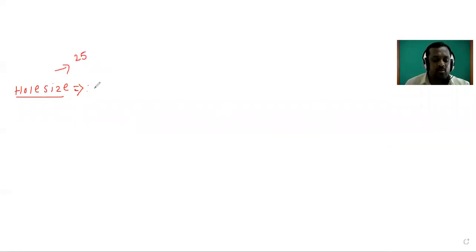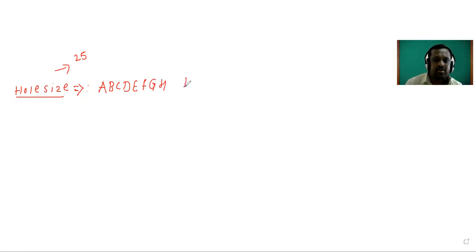Like here, hole size आपण कसे दर्शवतोय? Capital letter. Just write down all the capital letters: A, B, C, D, E, F, G, H. This is the one set.